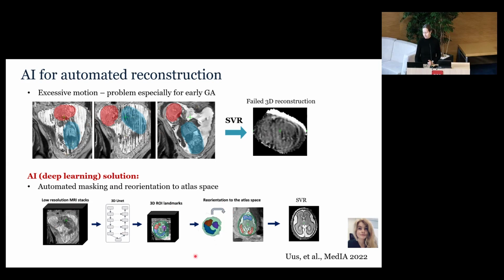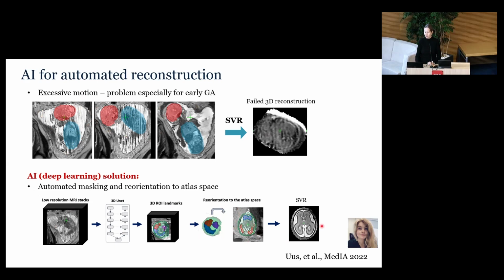And then the strategy she came up with was that she trained a network to segment the brain structures, not just the whole head. Based on these structures, it's then possible to reorient to the standard space. All the stacks are reoriented so that the brains nicely fit on top of each other.